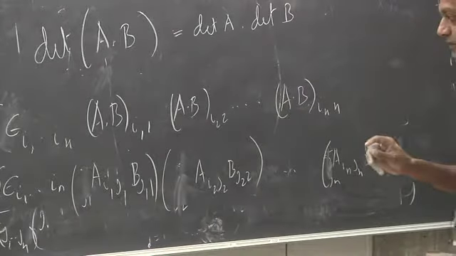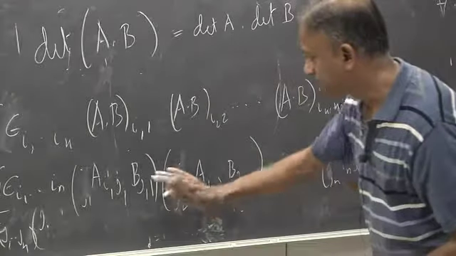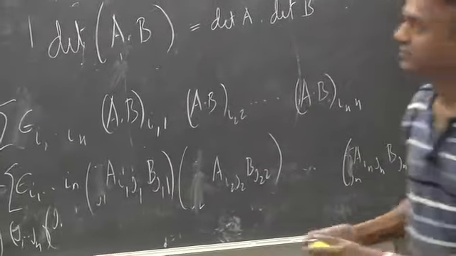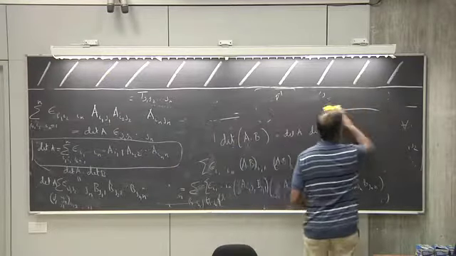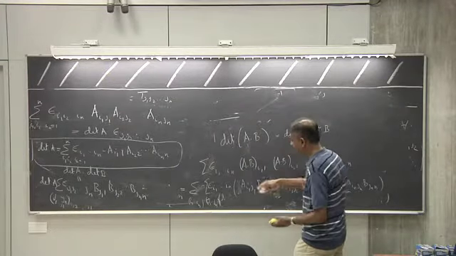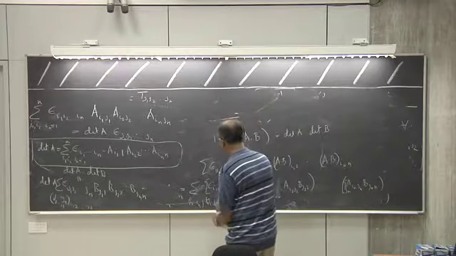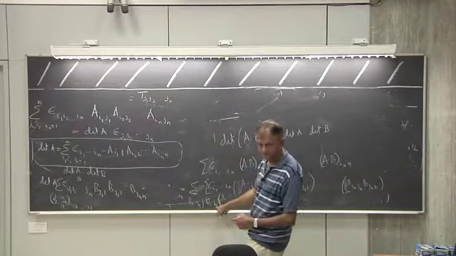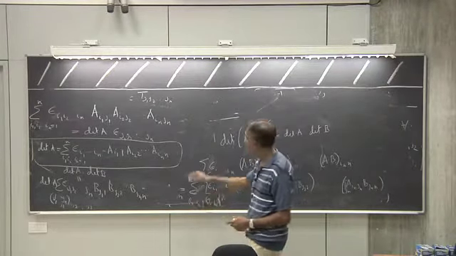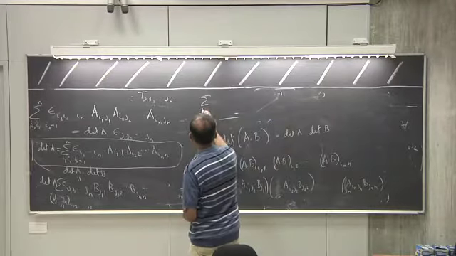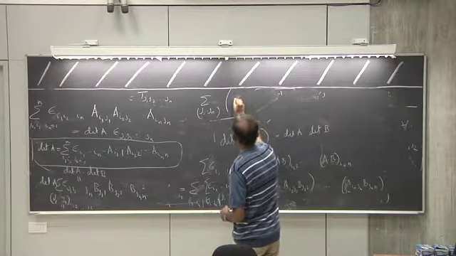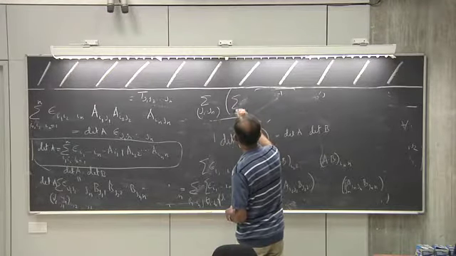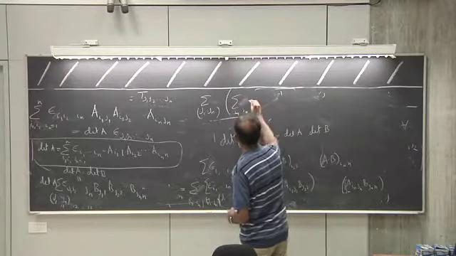Now we'll focus on this part. Keep the B as it is. Maybe I should write one more line to make it more obvious. I will sum over the J's later. First I will sum over the I's. So I write it like this: sum over J1 up to Jn, and then inside I sum I1 up to In of these quantities.